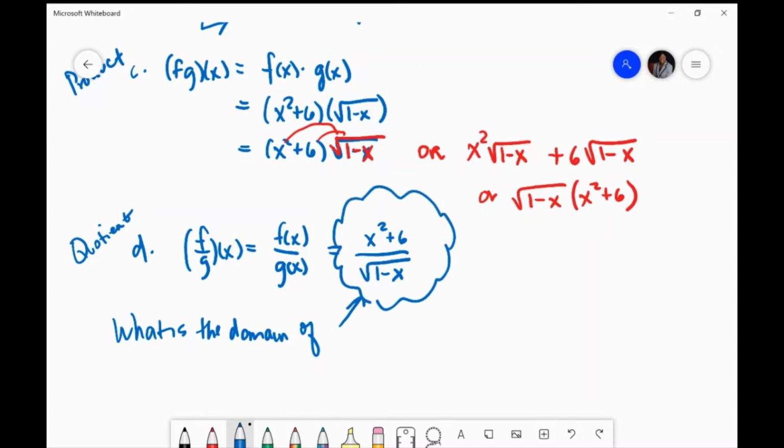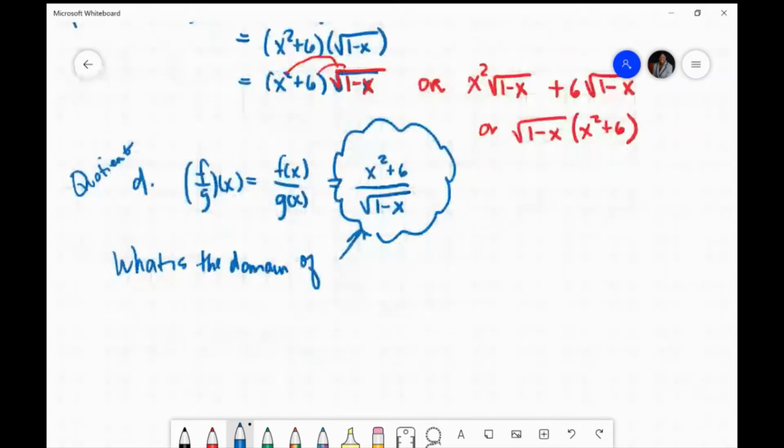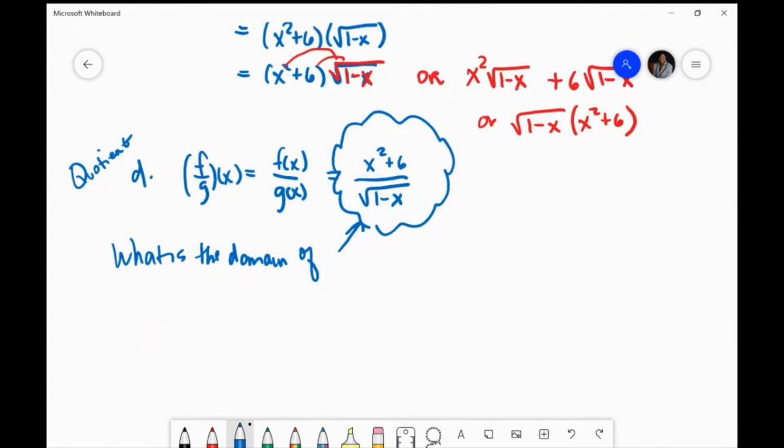Does anyone know how we can figure this one out? Because this is different. Set the denominator to greater than or equal to 0. Okay. All right, we're on to something here. And anytime you have a radical, I normally say set what's under the radical to greater than or equal to 0. This time I'm going to alter it a little bit. Can anybody tell me what I'm going to alter just a little bit?